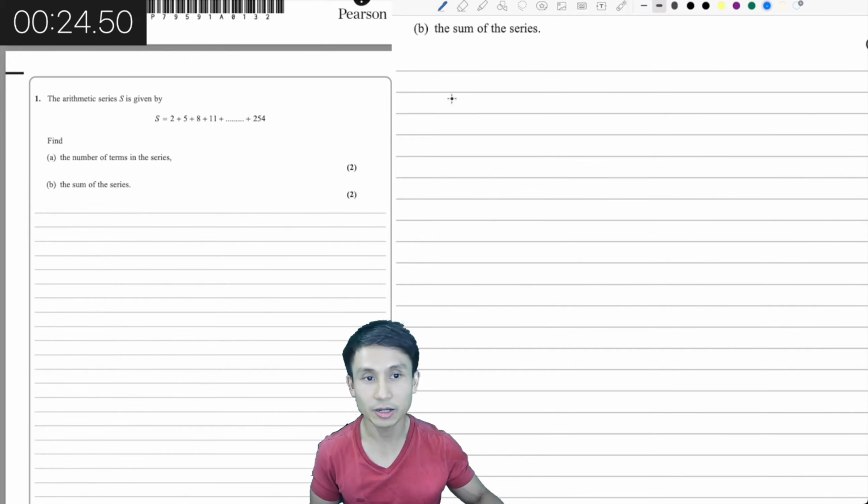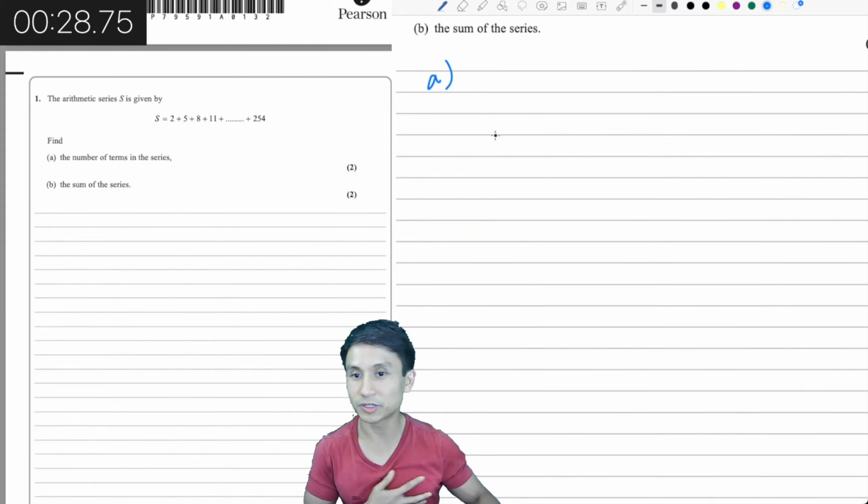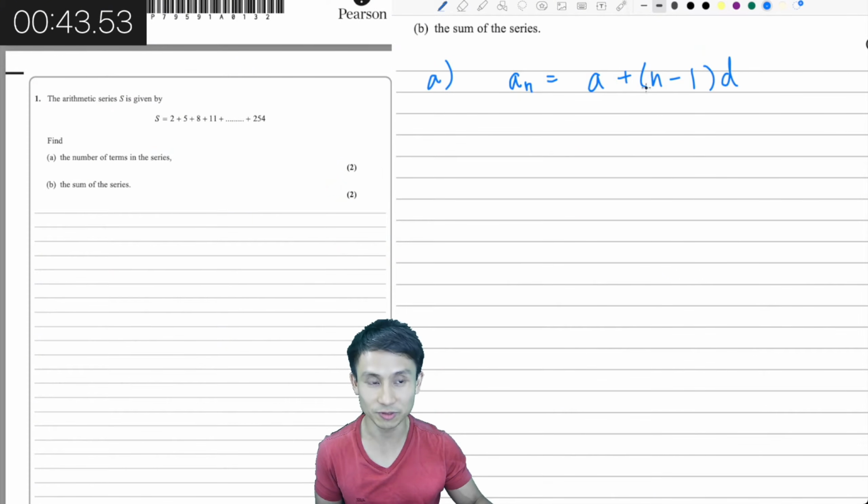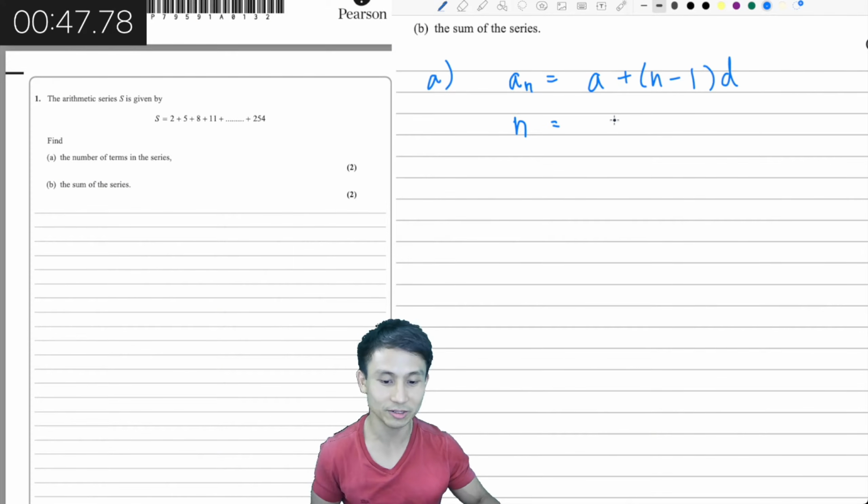And A says, the number of terms in the series. All right, so we can use the formula because this is an arithmetic series. Because an is equal to a plus n minus 1 d, that means if we want to find the number of terms, we need to make n the subject.